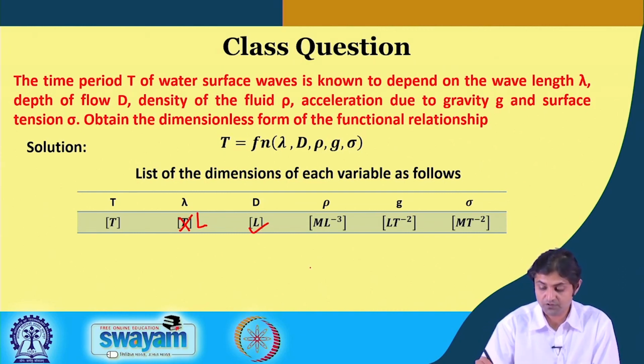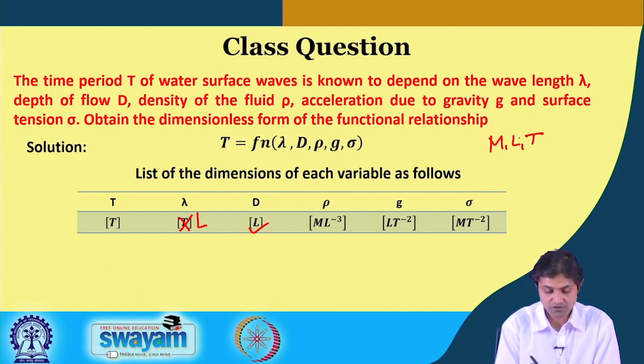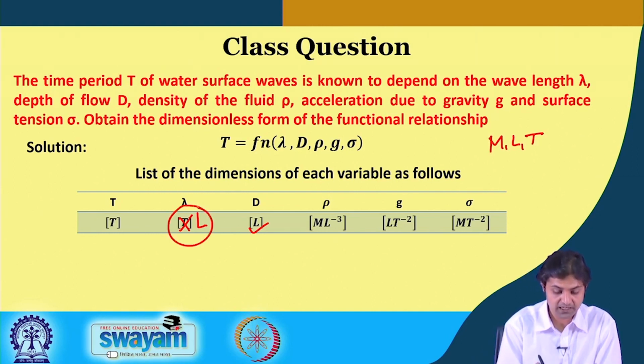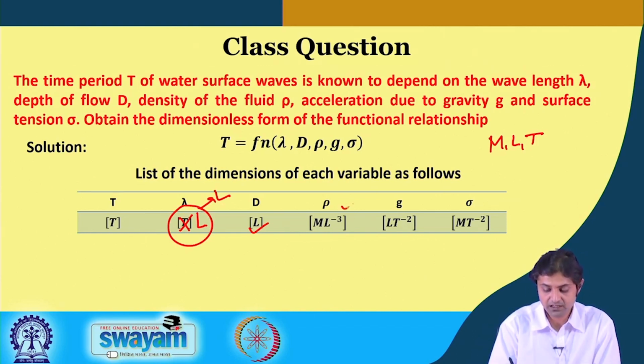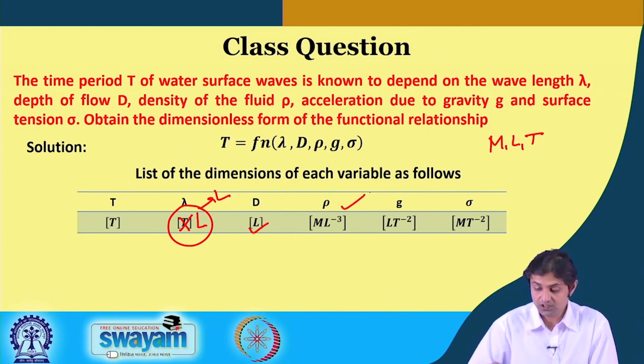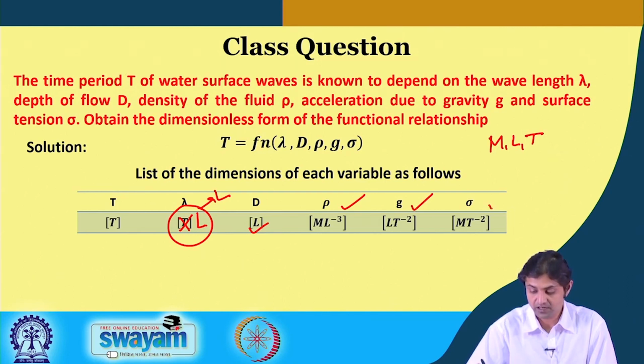We have chosen the basic dimensions as M, L and T. Sorry for this typo, this should be L. Rho is M L to the minus 3, g is L T to the minus 2, and surface tension sigma is M T to the minus 2.